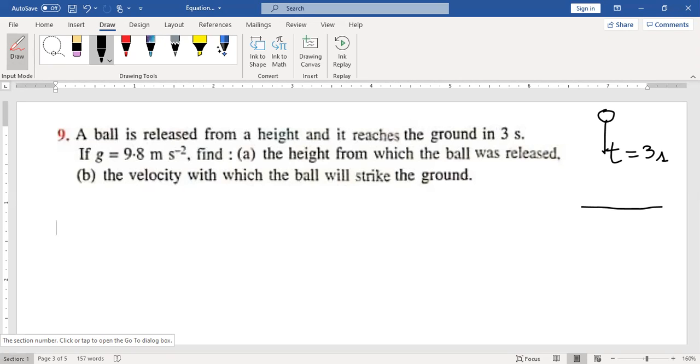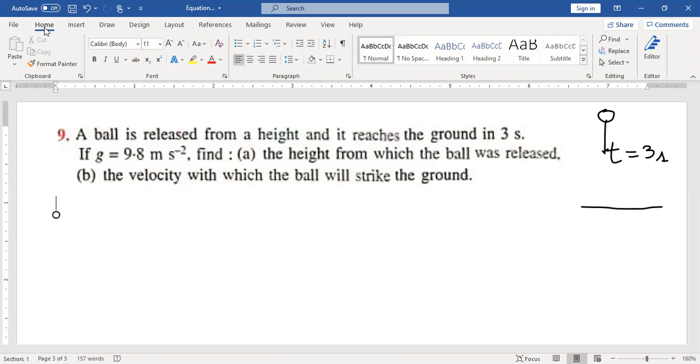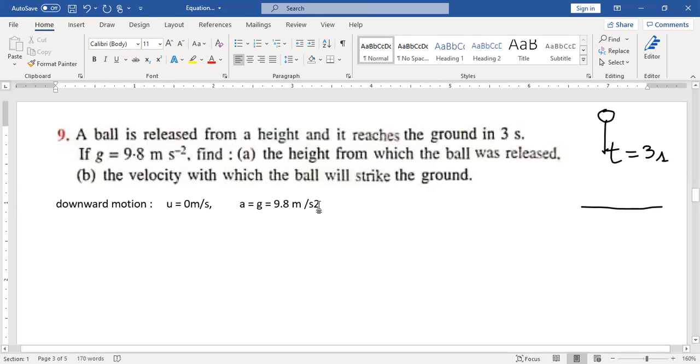So class, initially we are having downward motion, and in downward motion we are having initial velocity equal to 0 meters per second, and acceleration is to be taken as plus g, that is equal to 9.8 meters per second square.